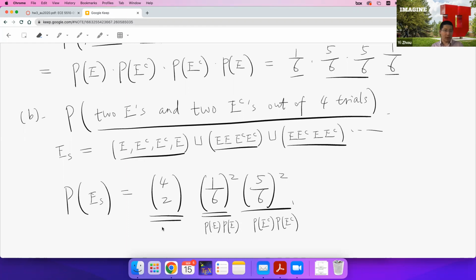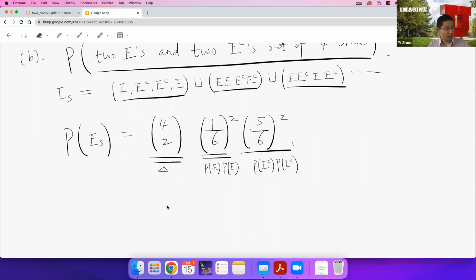And this is the total number of combinations that have two E's and two E complements. So it's choose 2 out of 4.